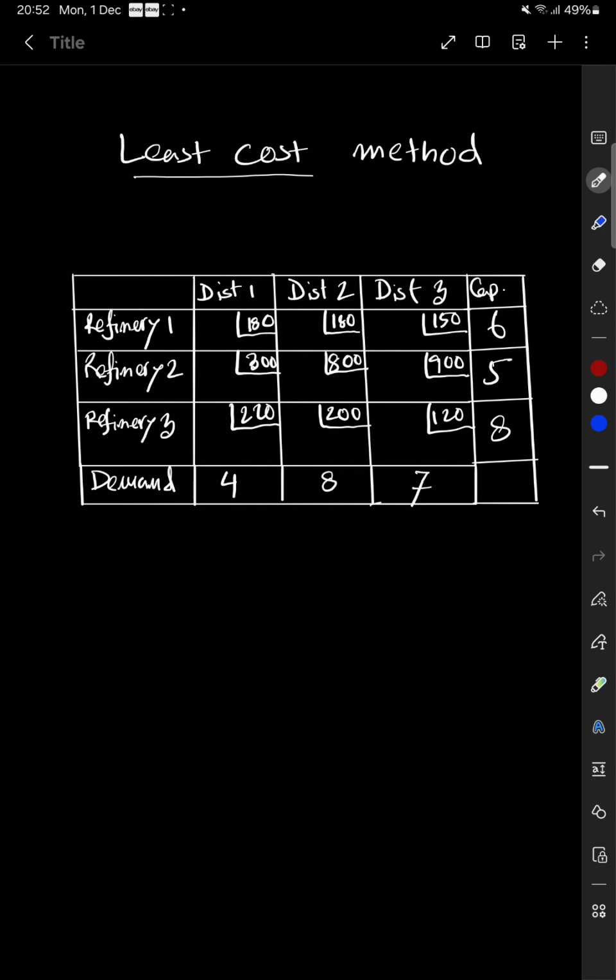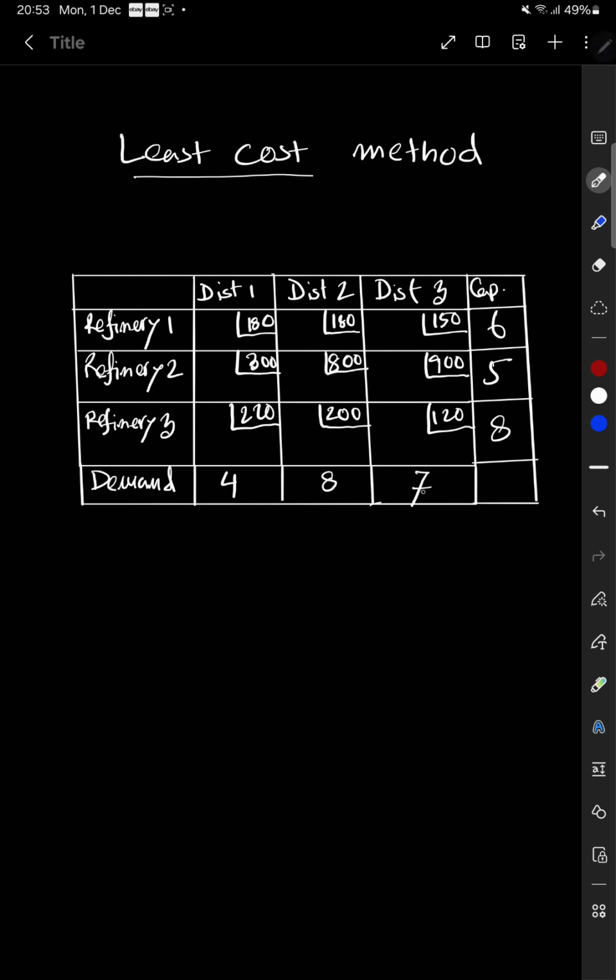So have a look at the cost inside this box. Which one is lowest? You see here, lowest one in here is 120. So like last one, we will provide as much as possible in the lowest one. So as much as possible means we will check the demand or column total and row total, and we take the smallest one.